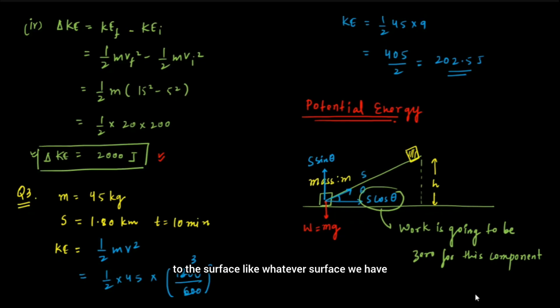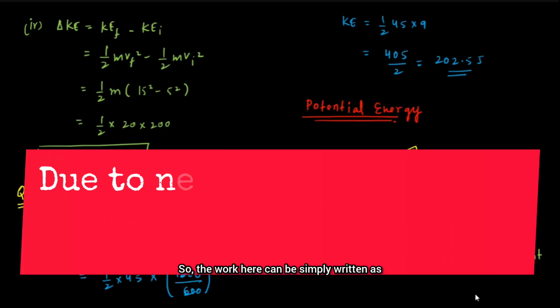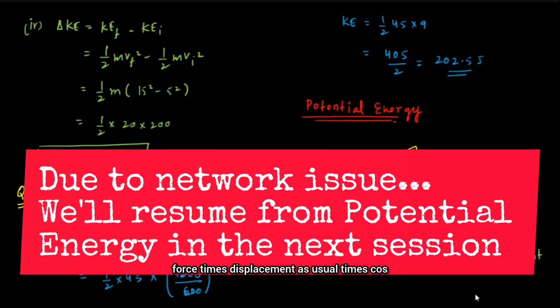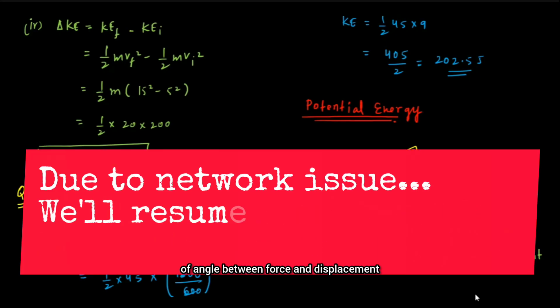Like whatever surface we have, this force is acting perpendicular to the surface. So whenever we are calculating work due to this mg, there needs to be a displacement either in the direction of force or in the opposite direction of force. So here this s sine theta, or you can say, if I assume that there is some displacement in the vertical direction which is given as h, the work here can be simply written as force times displacement as usual times cos of angle between force and displacement.